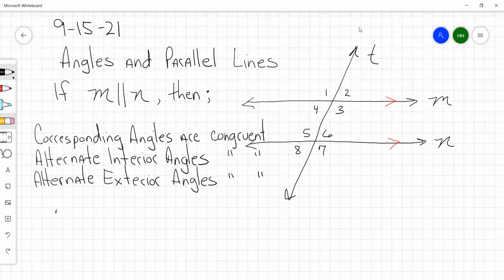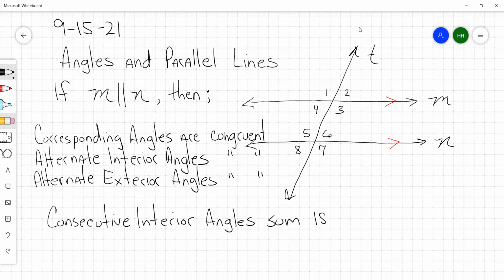And then consecutive interior angles sum 180 degrees.